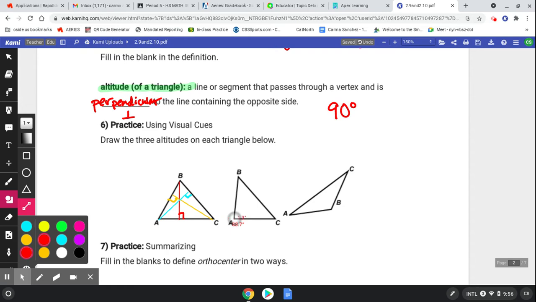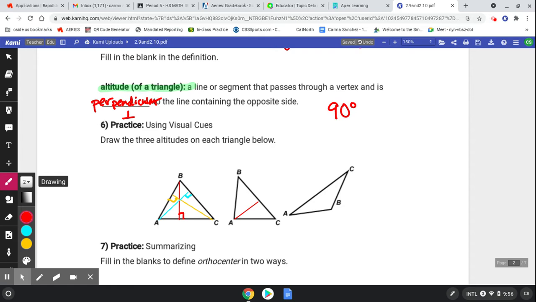Okay, let's go draw it over here on this one. So A is going to go straight down, forming the 90. And then B is going to go straight down, forming the 90.